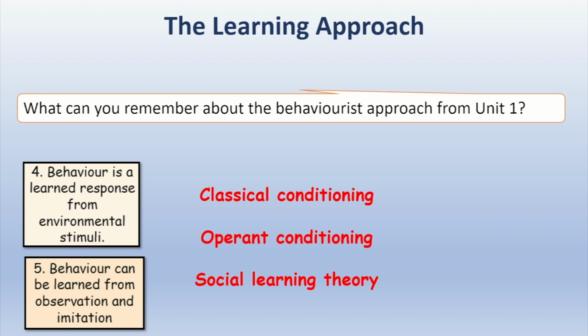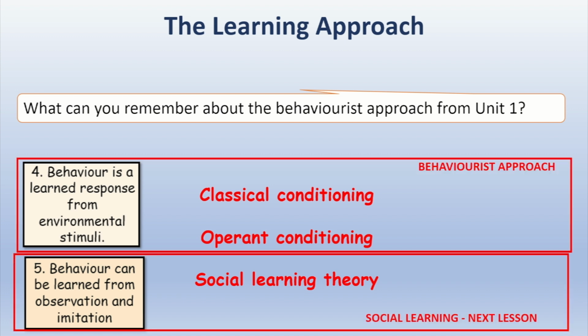Social learning theory, remember, is learning through observation and imitation of role models. As I've already mentioned, we're only going to focus on classical and operant conditioning, and your next video will look at social learning theory. So the behaviourist approach we're going to cover today, and social learning theory we will look at next lesson.